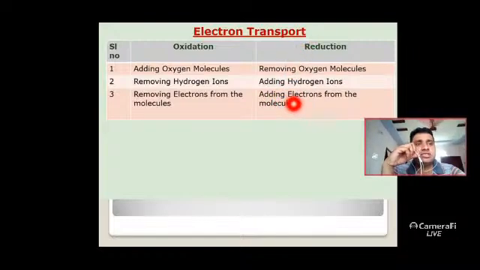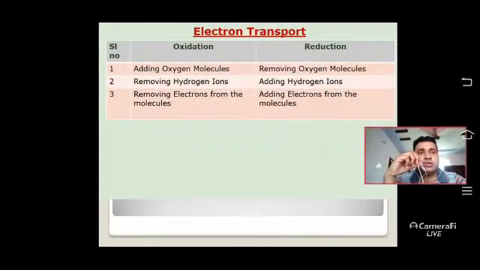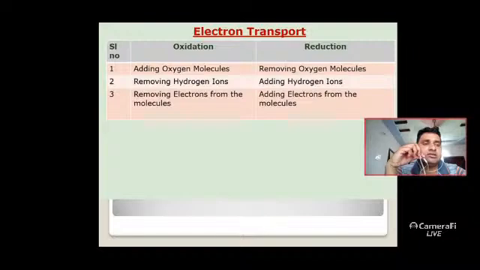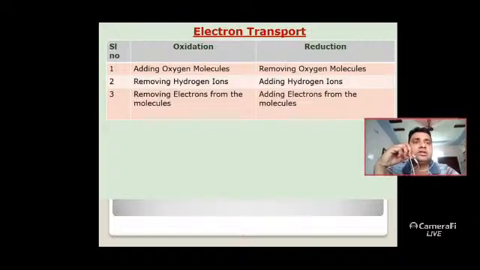That's what I am saying: the chlorophyll molecule is getting activated by solar energy, because whenever light energy falls on the chlorophyll molecules, the electrons in the chlorophyll molecules jump to the outer orbital and go away from the nucleus. That is called activated chlorophyll, which I already explained in the last slide. This is the major difference between oxidation and reduction.